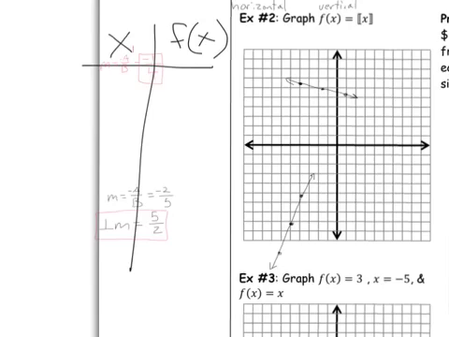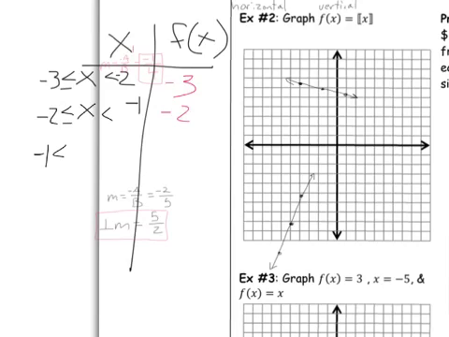So let's start at negative 3. All the numbers that are between negative 3 and negative 2, I plug in. And what does it kick back? Well, if I plug in anywhere from negative 3 to negative 2, it's still going to just kick back a negative 3. And from negative 2 to negative 1 is going to kick back a negative 2.